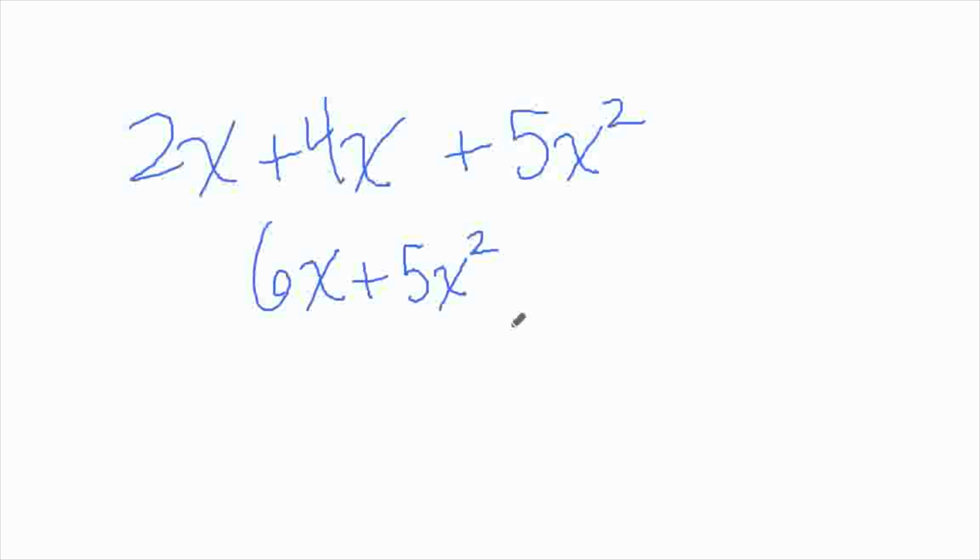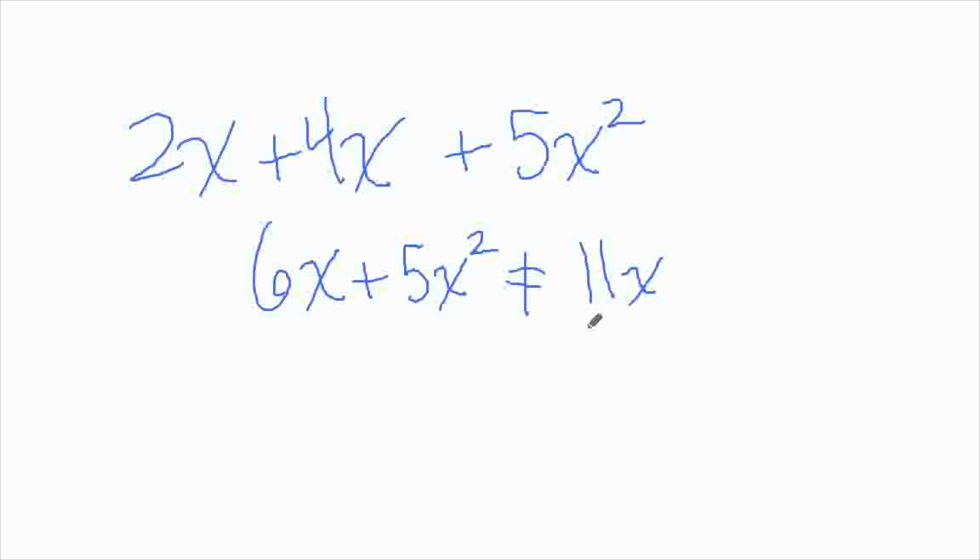Now x squared is an entirely different animal than x. So please don't do this. Don't say that 6 apples plus 5 bananas is equal to 11 apples or 11 grapefruits.